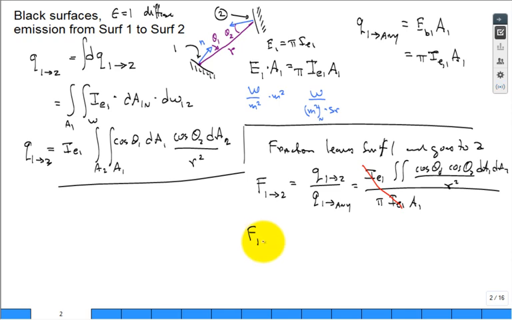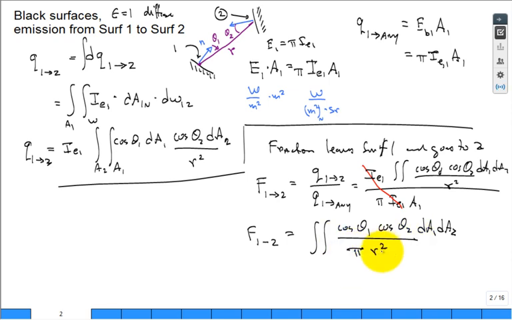The view factor from 1 to 2 is equal to the double area integral of the cosine theta i, or 1. I keep switching back and forth. i and j are general or generic, and then sometimes I use 1 and 2. Cosine theta 2, dA1, dA2 divided by, put the pi underneath the integral, r squared. 1 over A1. There it is. We've derived it.